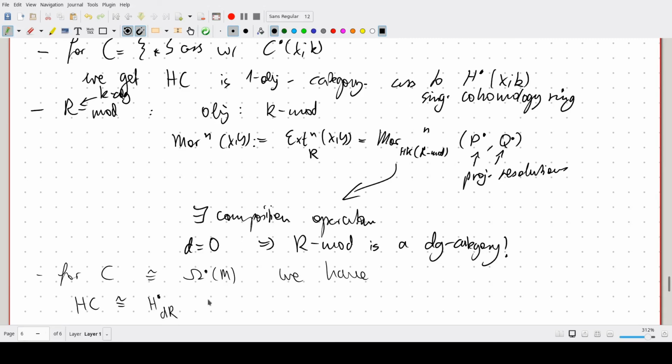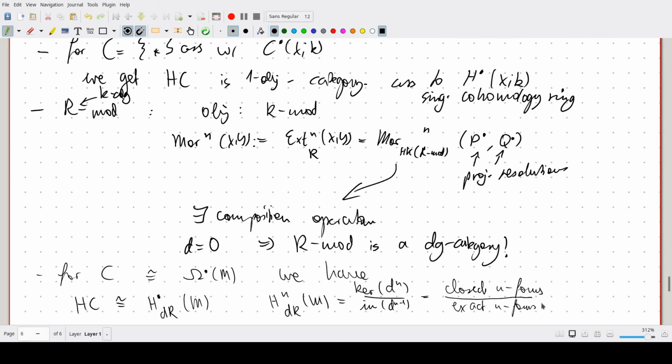The de Rham algebra of M, where Hn de Rham of M is just the quotient of, well, by definition, it's the kernel of dn divided by the image of dn minus 1, or in other words, it is the closed n forms divided by the exact n forms. So this shows that the de Rham cohomology is also a DG algebra.